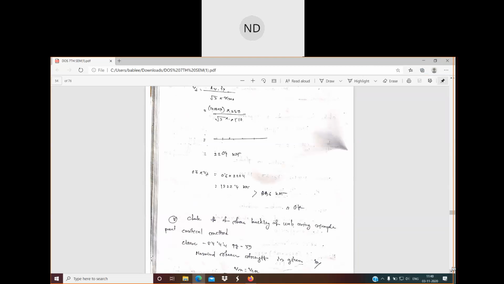Okay, so don't worry. At the end, I'll share this PDF. The entire all the things are there from flat slabs to distress. Everything is there.